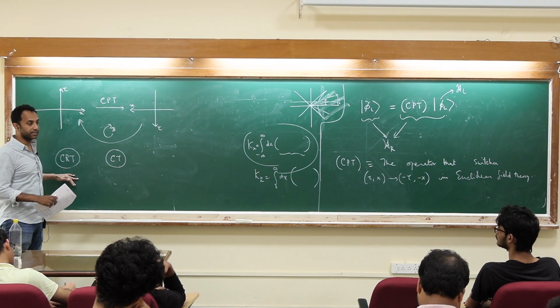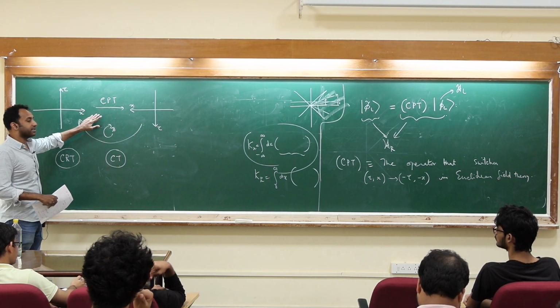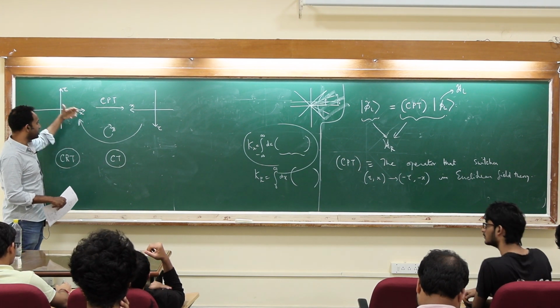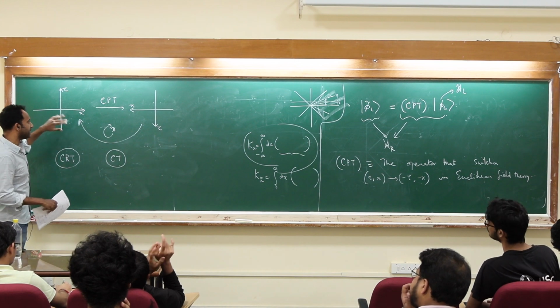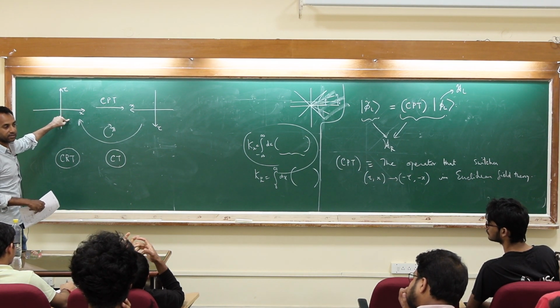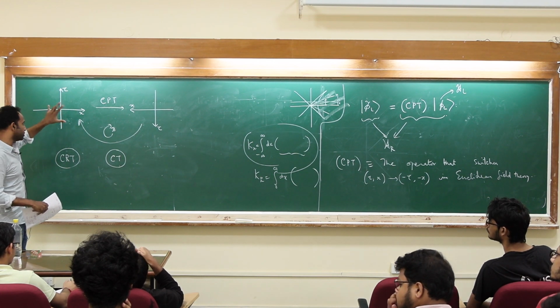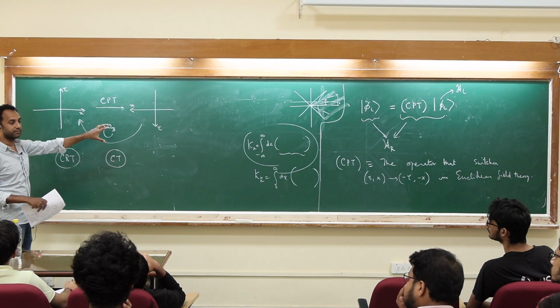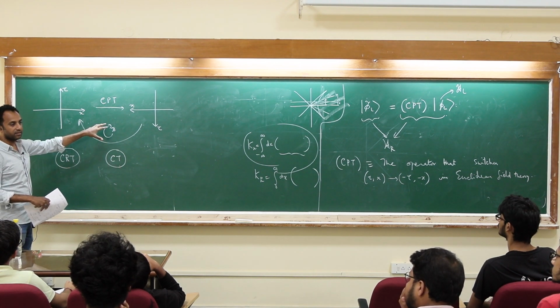That's the real statement of CPT. So it is not just a statement about the geometric symmetry. The point is that because of this geometric symmetry in Euclidean signature, field theories that you write down here, which are rotationally invariant, must necessarily be CPT invariant. That is the statement.